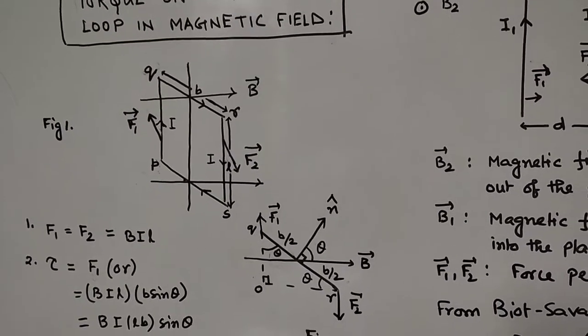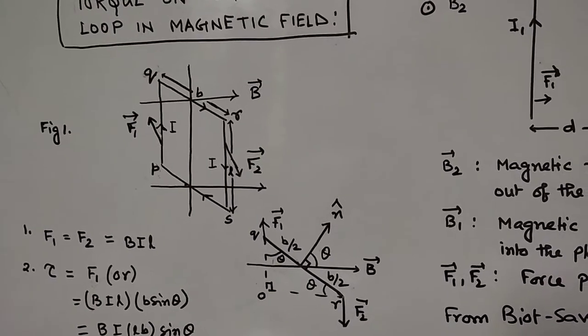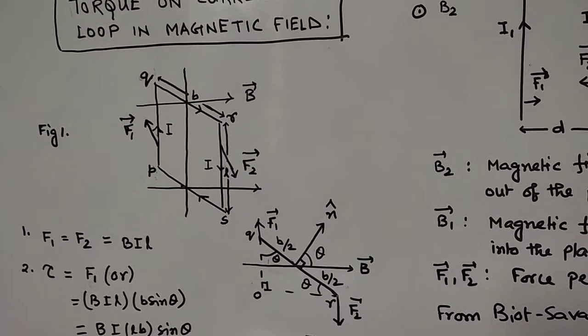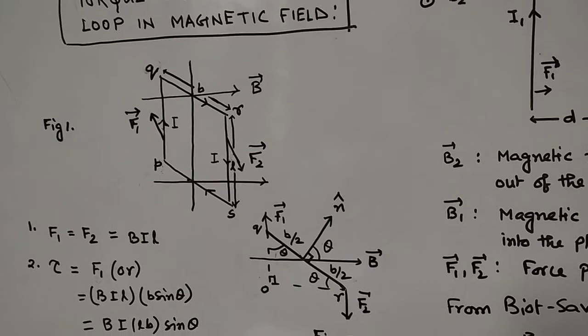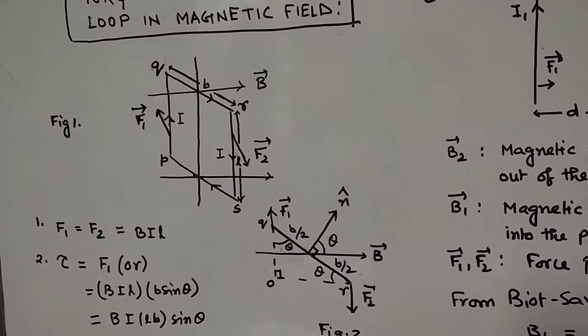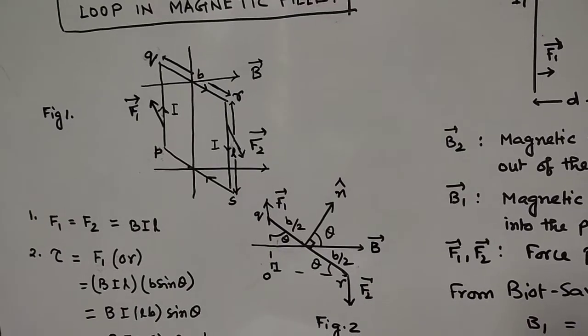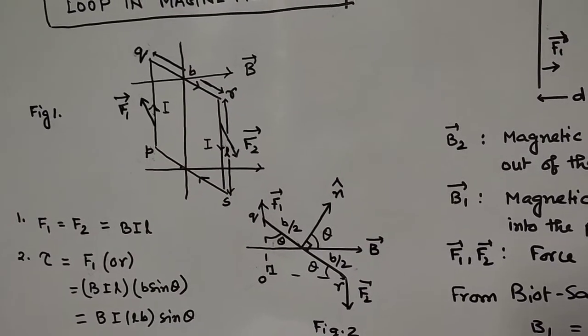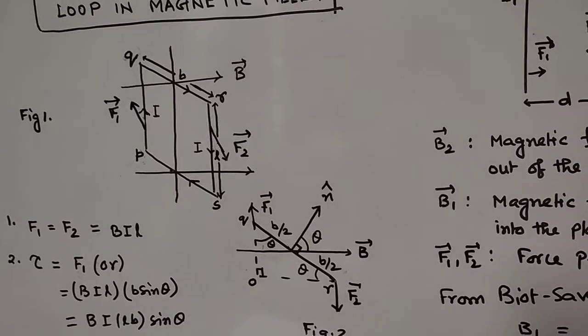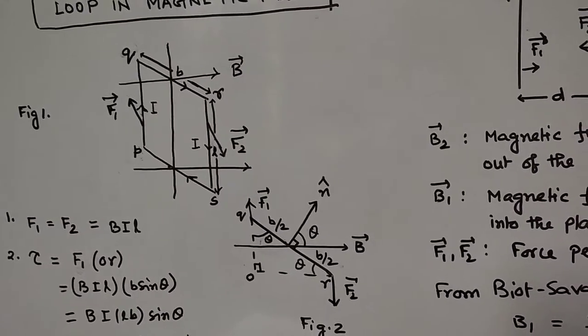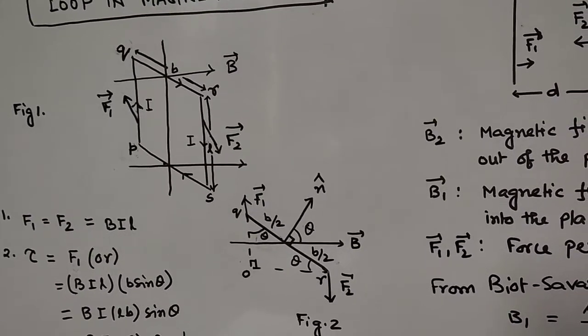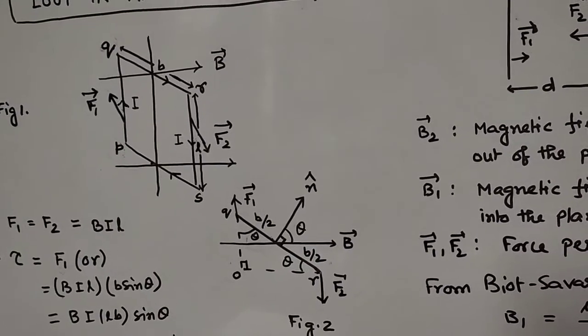In figure 2 we have considered the top edge of the rectangular loop, that is QR, and the magnetic field is there. There is a normal to that loop that gives the direction of the area, and that makes an angle theta with the magnetic field.